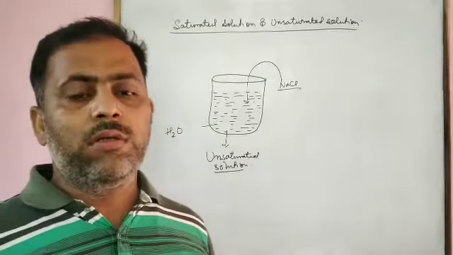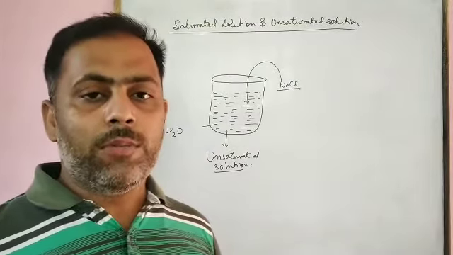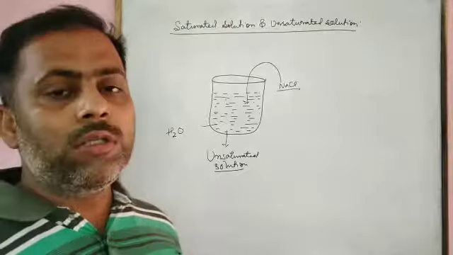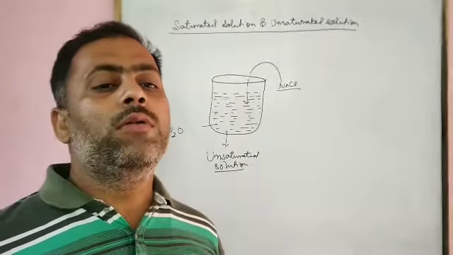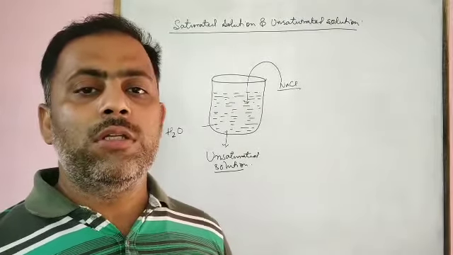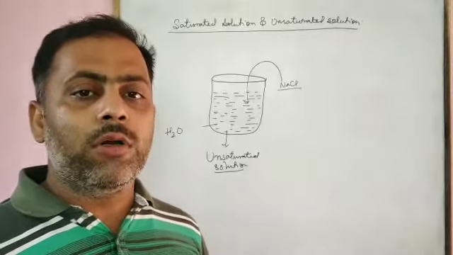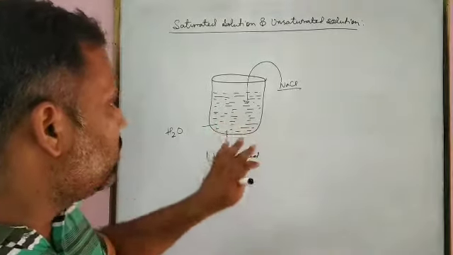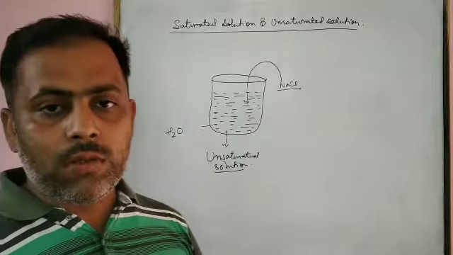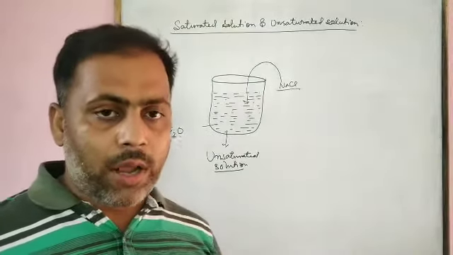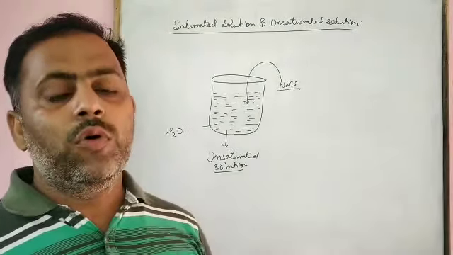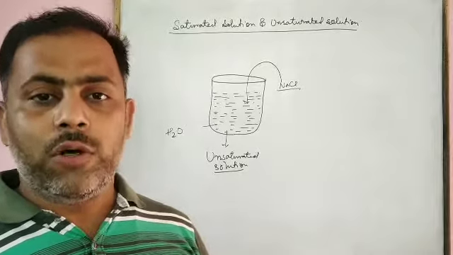We will discuss why sodium chloride is dissolved in water and what is happening when we have the successive addition of sodium chloride in that water. This solution is termed as unsaturated because we can dissolve more and more sodium chloride in water.